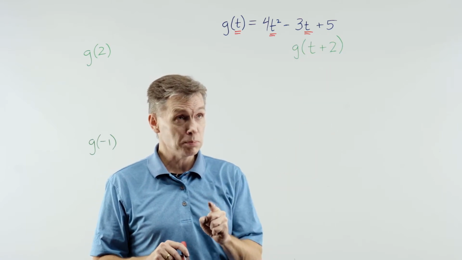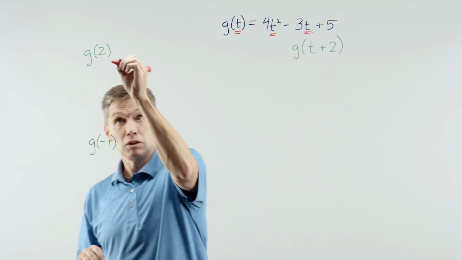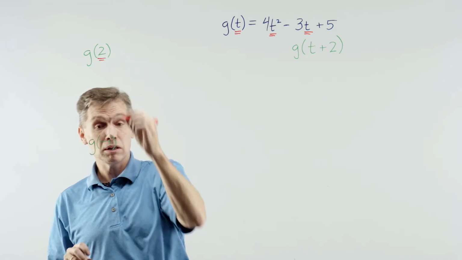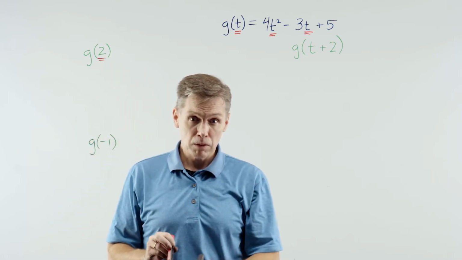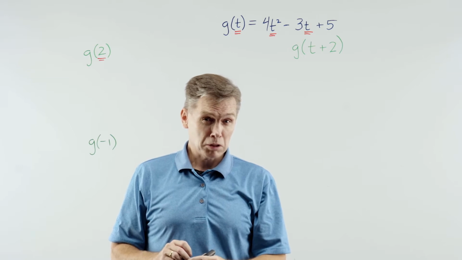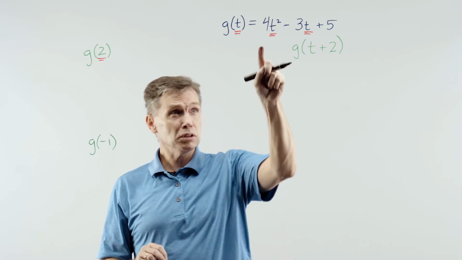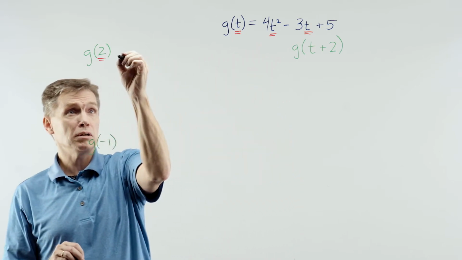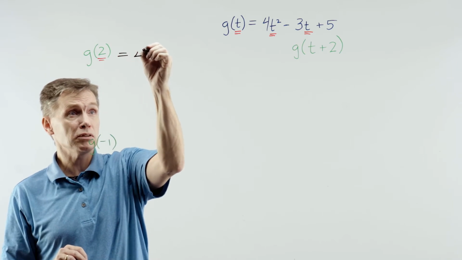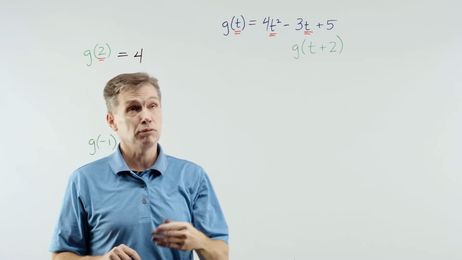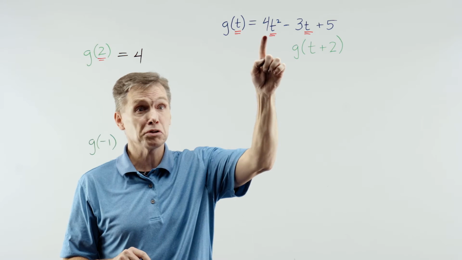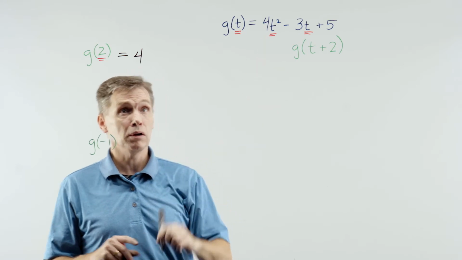So in each one of these problems, you're just taking that argument. Like the first one I'll do, g of 2. My argument is 2, and I look to the function, and I write down everything that's locked in, for instance, the 4. That coefficient of 4 is always there.